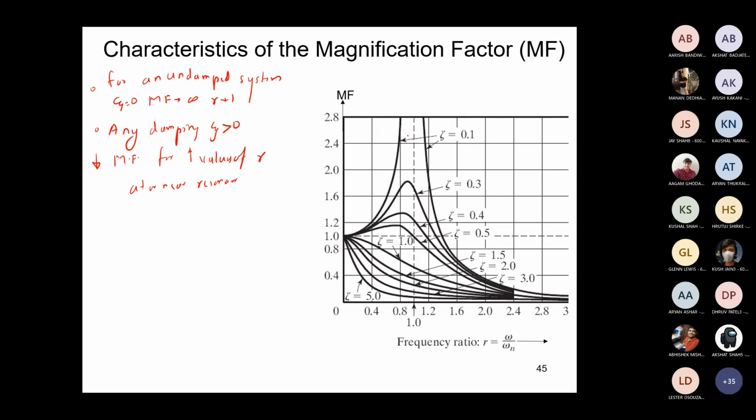So any small amount of damping you provide to the system reduces this magnification factor drastically. That is especially for the higher values of r near the resonance, that is these values.